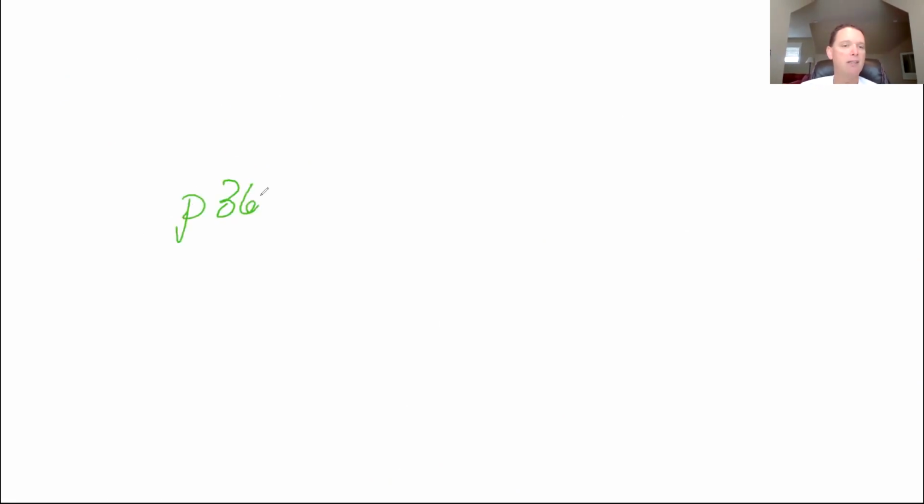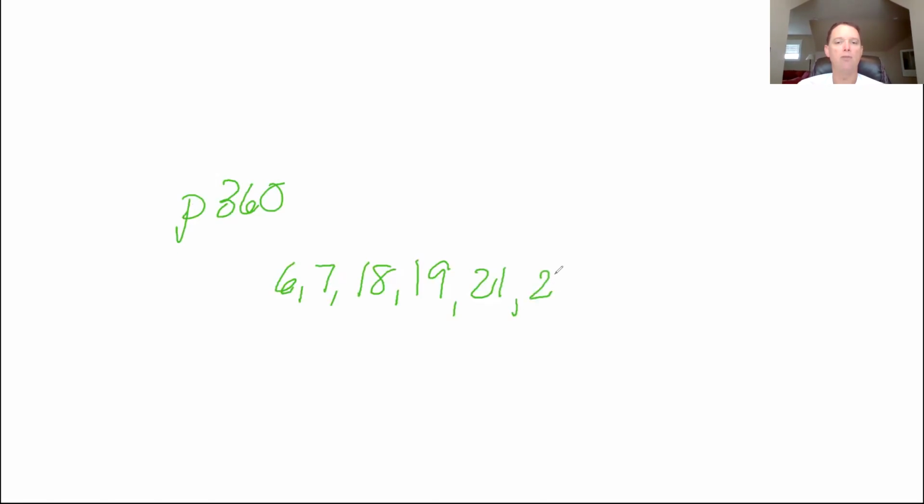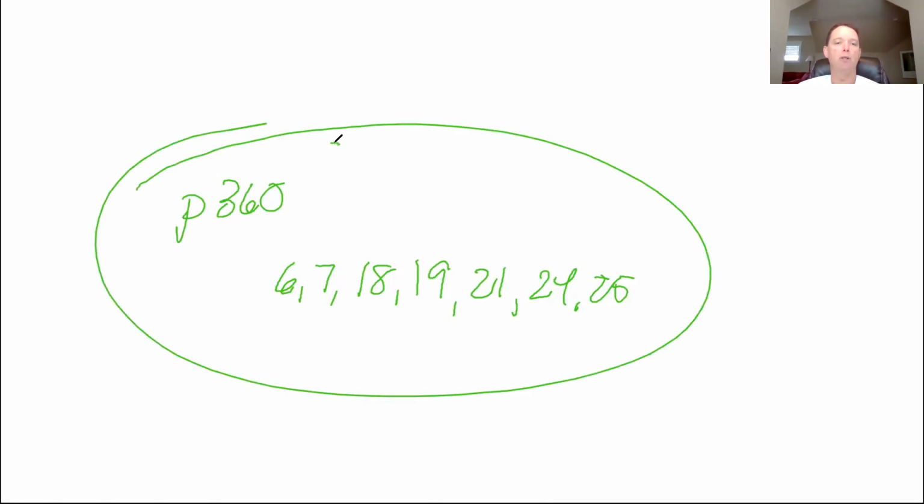Page 360, 6, 7, 18, 19, 21, 24, 25. So it's only 7 questions. This will be 9.1. I handpicked these problems so they would cover the things that I went over here, and so you wouldn't have to worry about trying to do weird stuff.